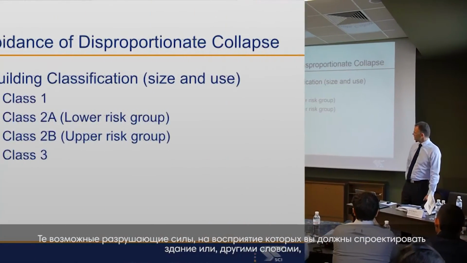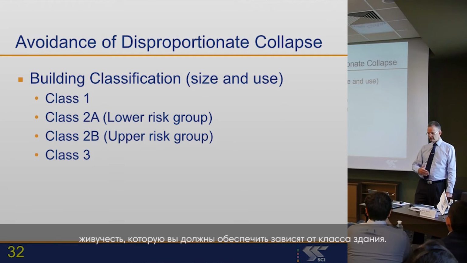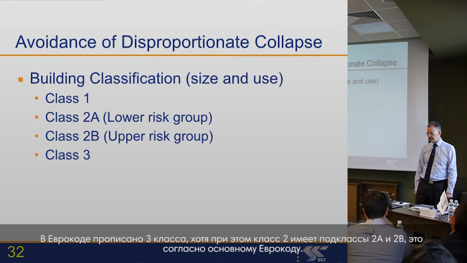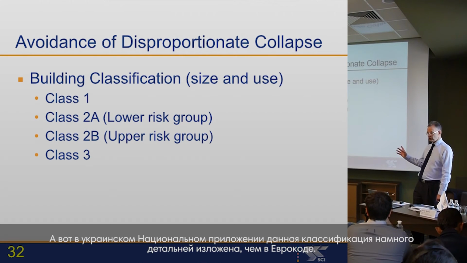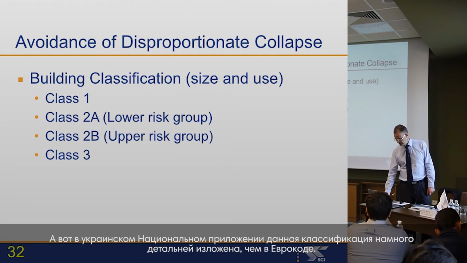The forces that you need to design for, or the robustness that you need to provide, depends on the class of building. So in the Eurocode you can see that there are 3 classes, although class 2 is split into class 2A and 2B. That is the core Eurocode.